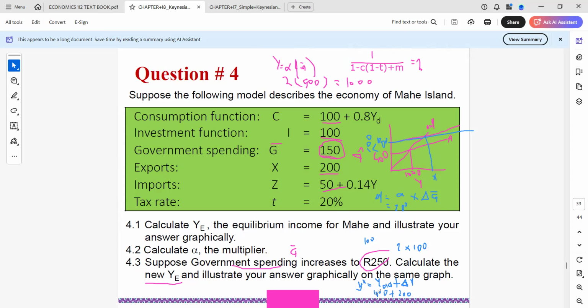So our new equilibrium income is 1,000 plus 200, which is 1,200. The new equilibrium income, the one that is here, is 1,200. And if you say this minus this, you're going to get 200, which is the change. So our answer is correct.